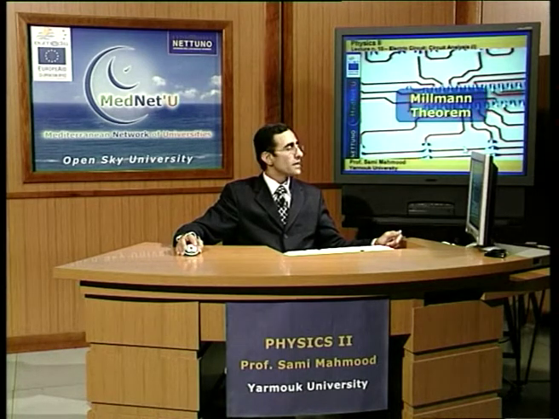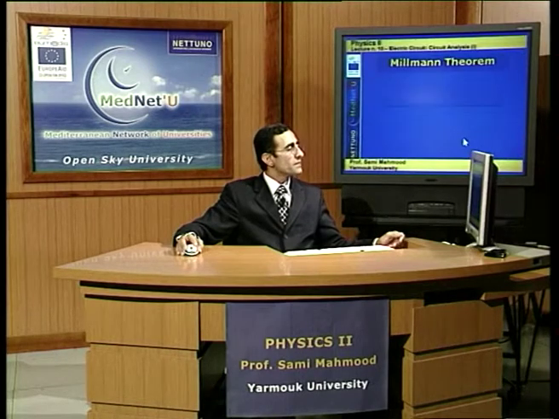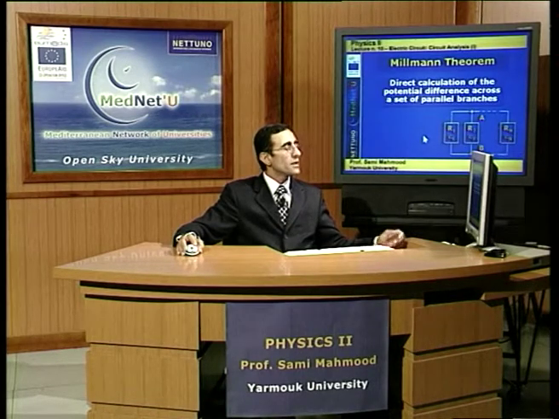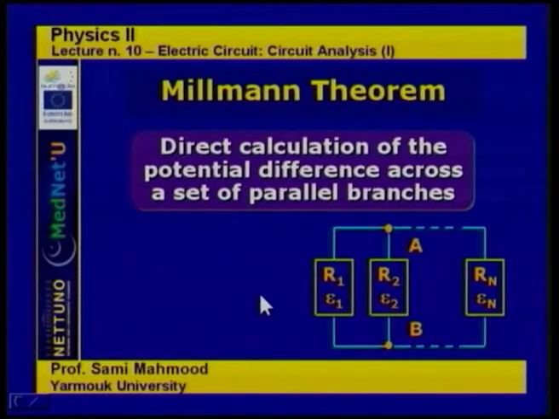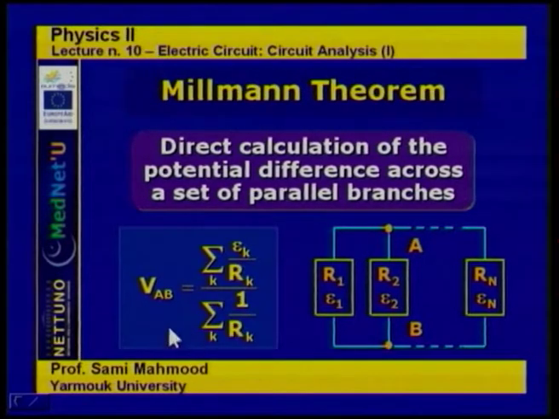And now we can move to a theorem that can be useful for circuit analysis, and that's Millman's theorem. Millman's theorem is a direct method for calculation of the potential difference across a set of parallel branches. So if we have a set of parallel branches as this figure shows, we can calculate the potential across them, that means we can calculate VAB. This is essentially important, like in the node analysis that we have just mentioned.